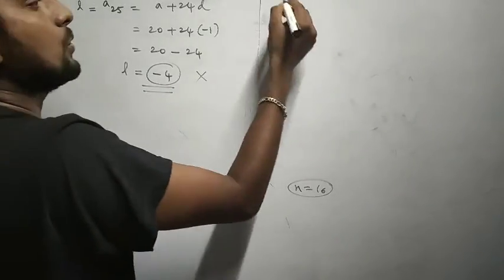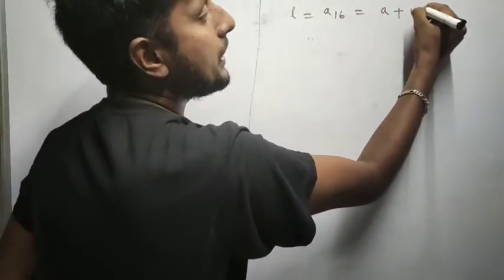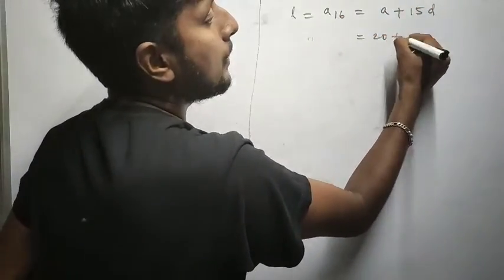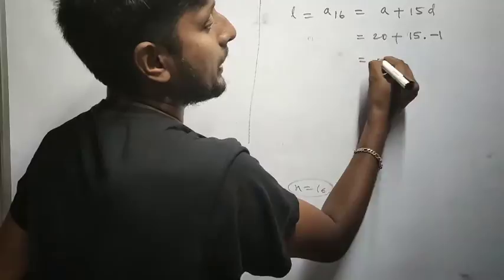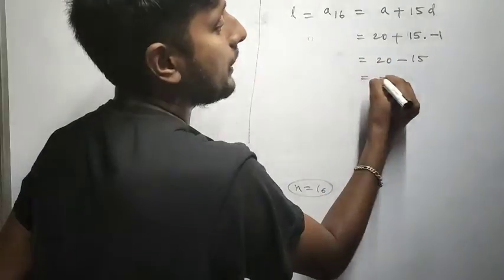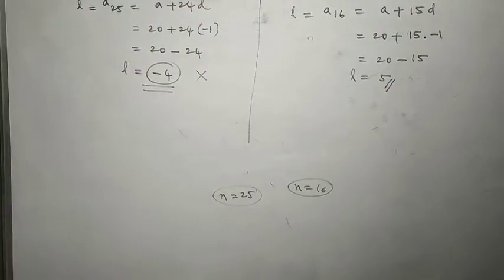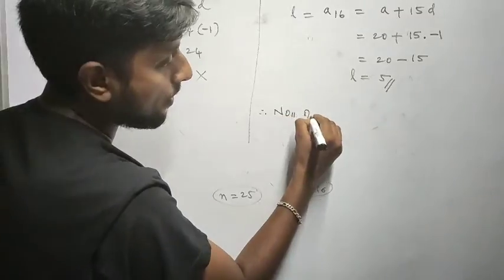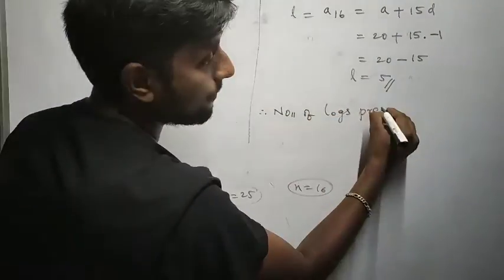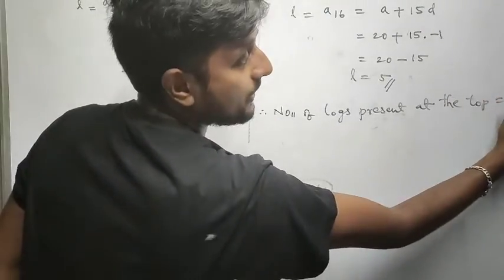If you come here, again I'll write the last term, that is a16. So I can write a plus 15d. The a value I know is 20, plus 15 into the d value minus 1. So I can write 20 minus 15, answer 5. Yes, the last number is 5. It's correct because it's a positive number. So the conclusion is the number of logs present at the top is 5.